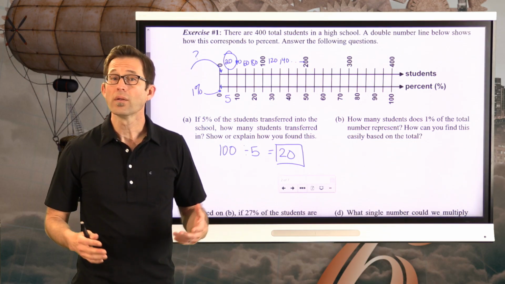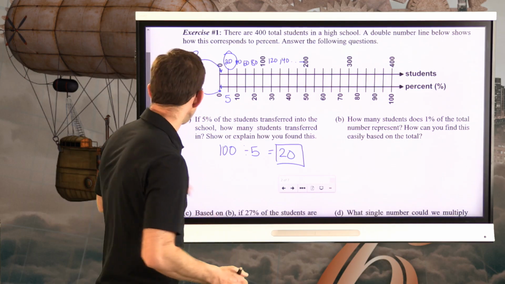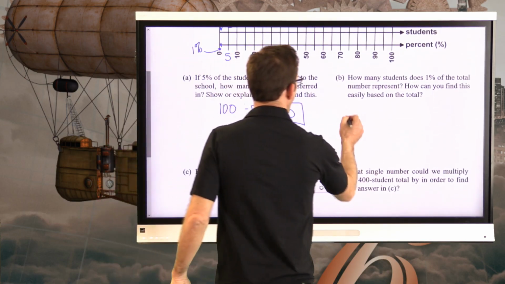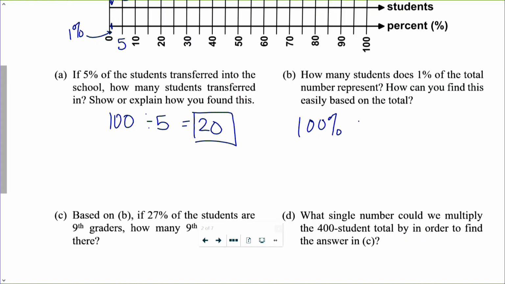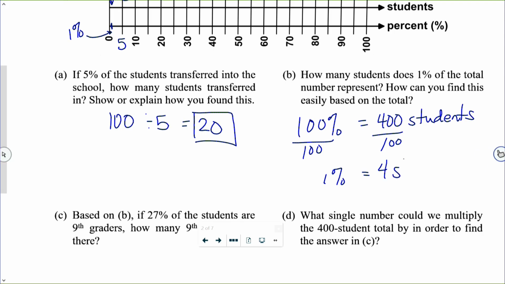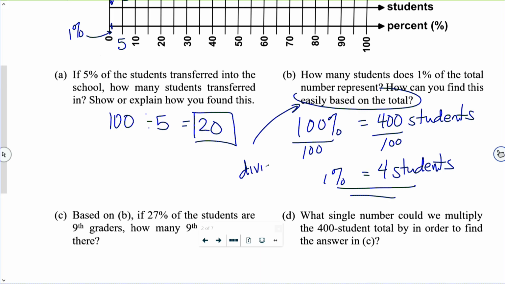It's pretty simple. If 100% equals 400 students, then 1% equals 4 students. And how can you find this easily based on the total?